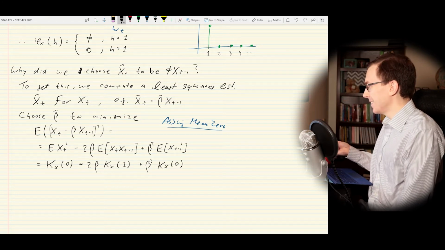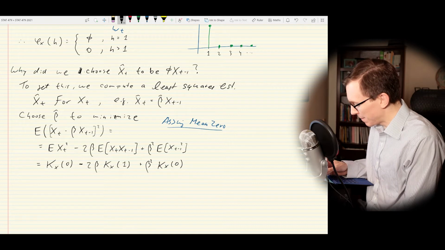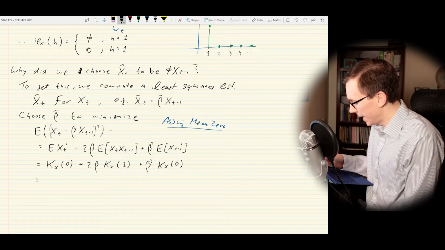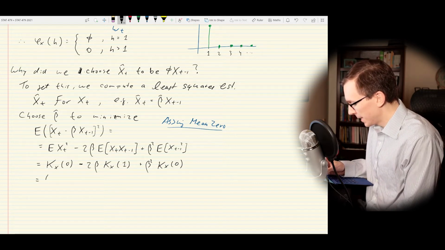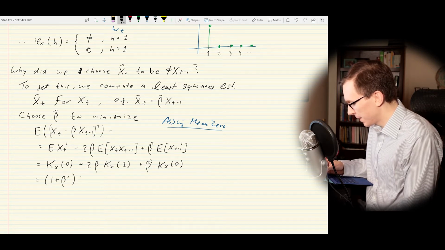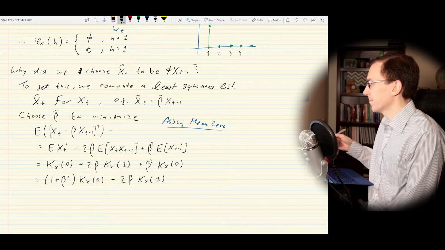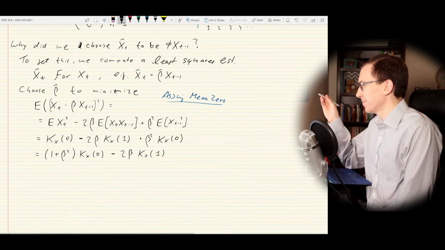So that's kind of neat, right? Because then we can combine these things and we find out that what we're trying to minimize is 1 plus beta squared times k at 0 minus 2 times beta k evaluated at a lag of 1. All right, cool.